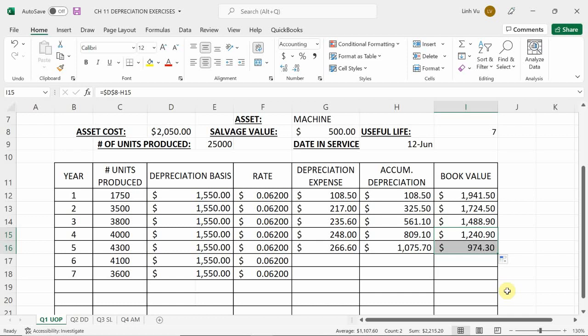Oh, now I got 974.3. I was putting zero.